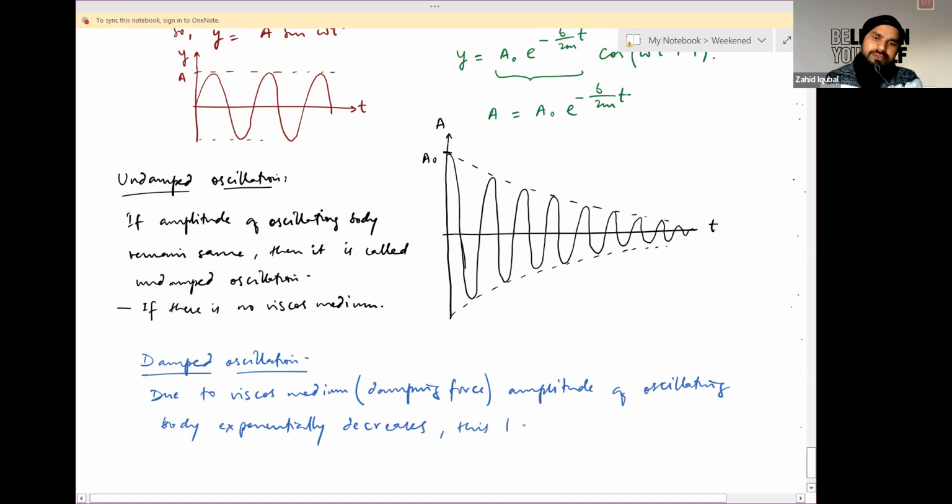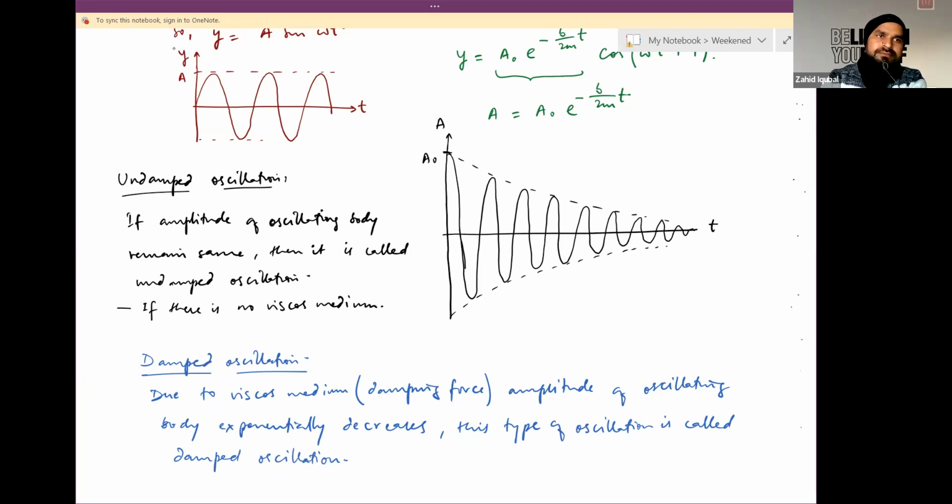This type of oscillation is called damped oscillation. Any doubt? No, sir.